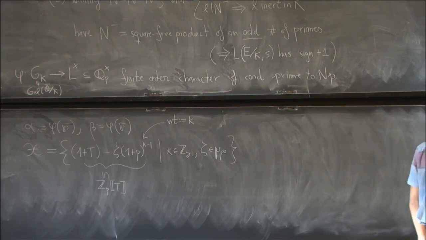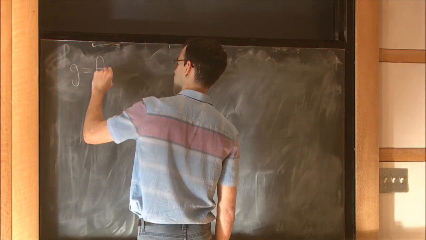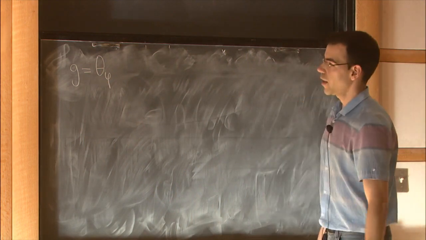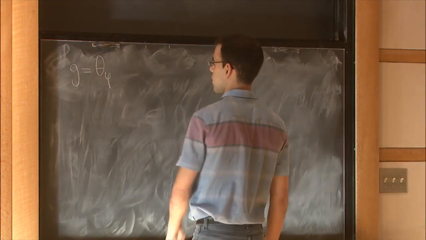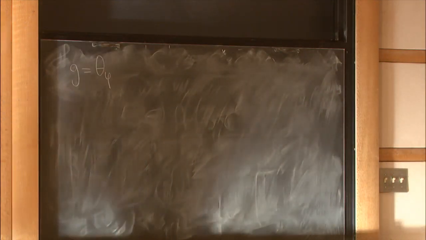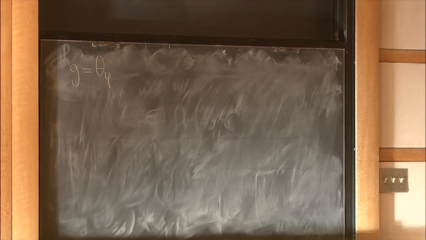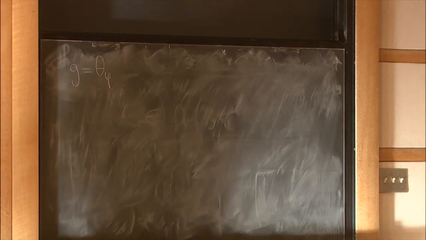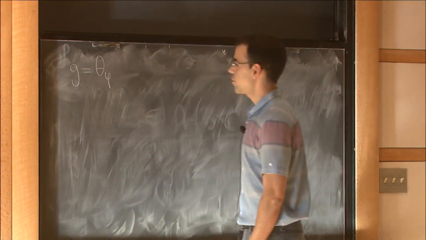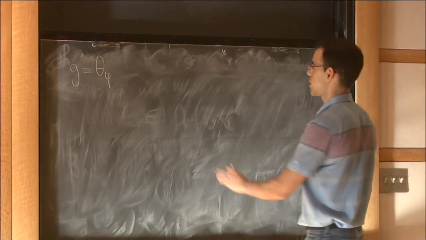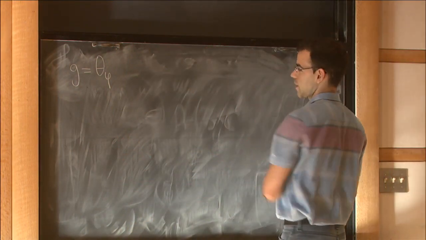Now I can consider the following weight 1 theta series attached to phi. I can choose one of the roots, alpha or beta, of its Hecke polynomial at p, and p-stabilize that. That will give me a p-ordinary form, which by a theorem of Wiles and Hida fits in a Hida family.